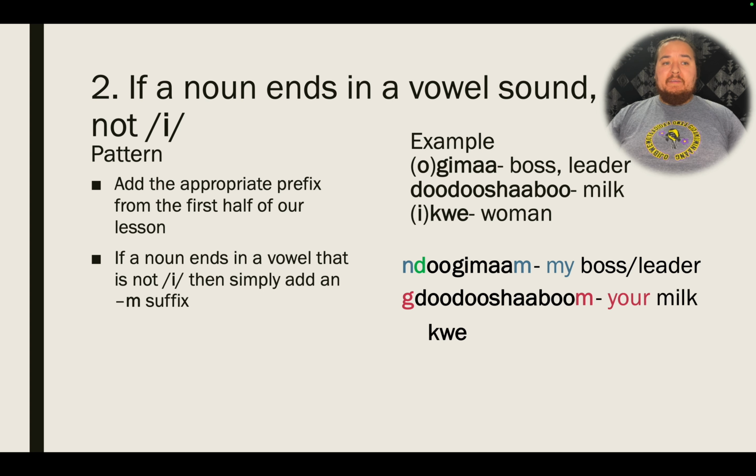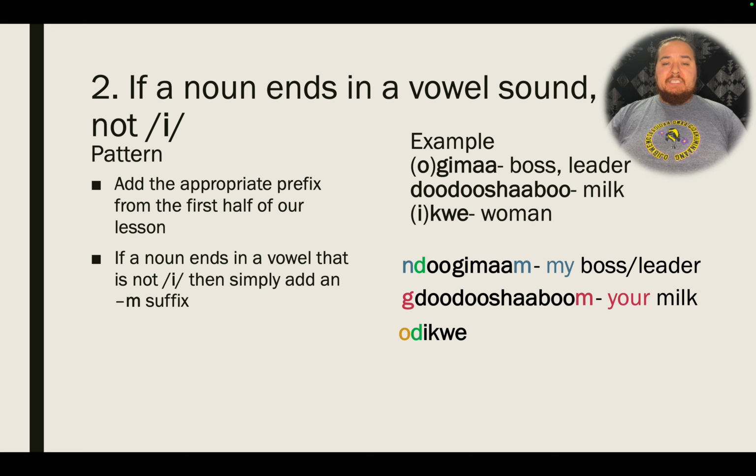Next one, kwe. We're putting this one in third person, also known as fourth person. Because it has a vowel sound in front that's normally de-stressed, we're going to stress it. Because of the vowel sound, we need our D prefix. Now we're going to attach our personal pronoun prefix.